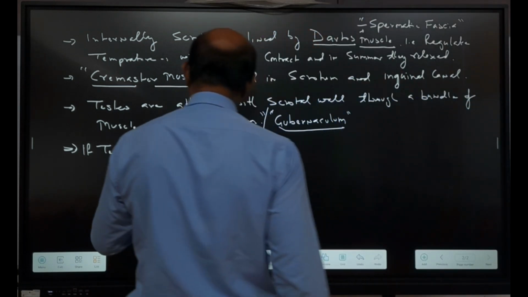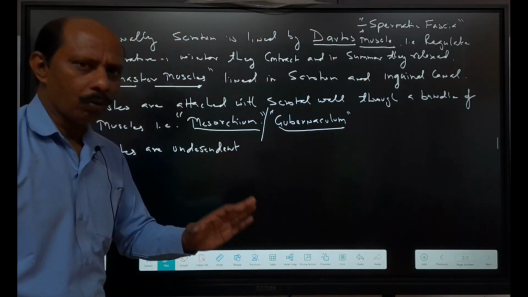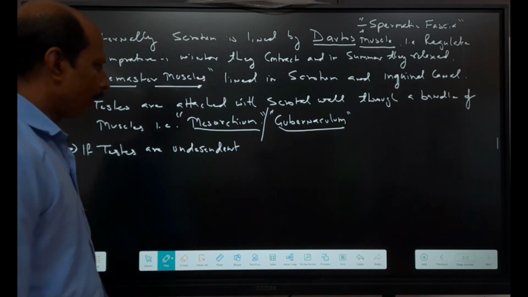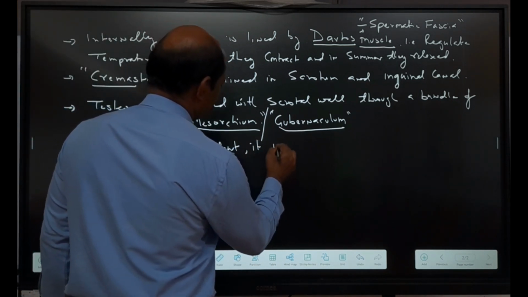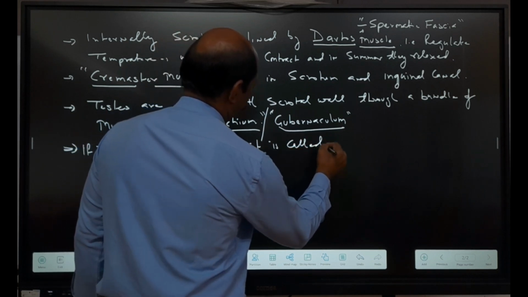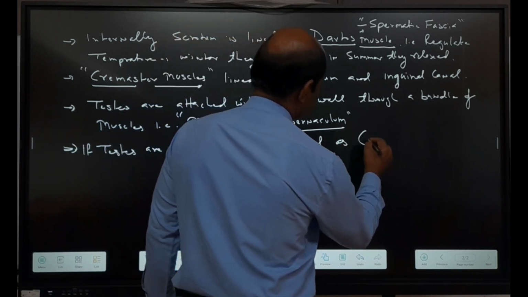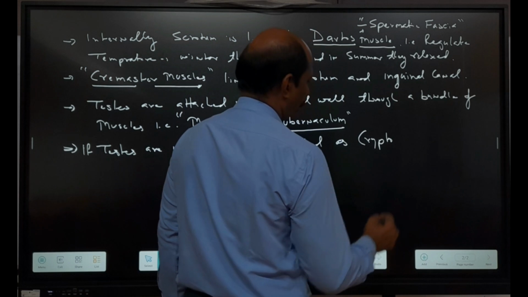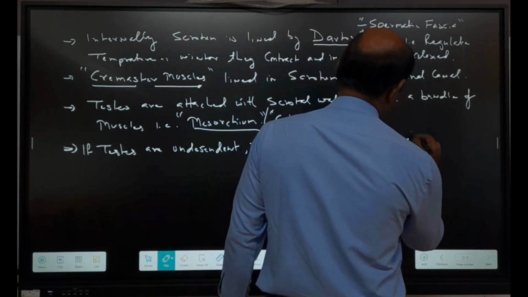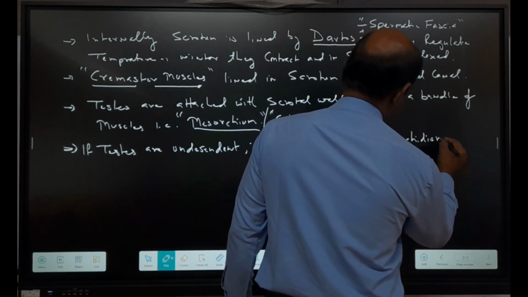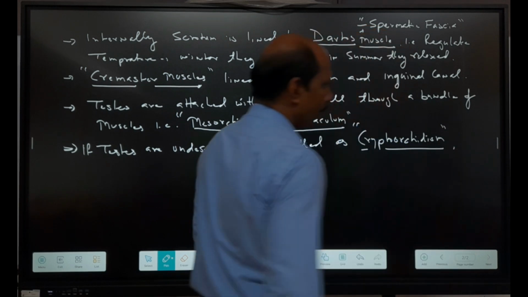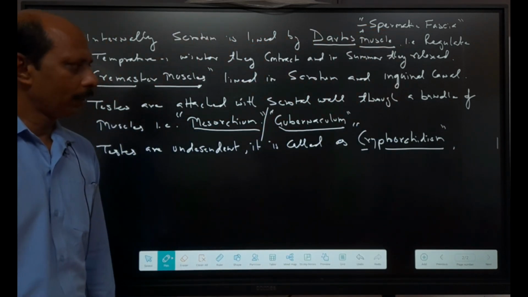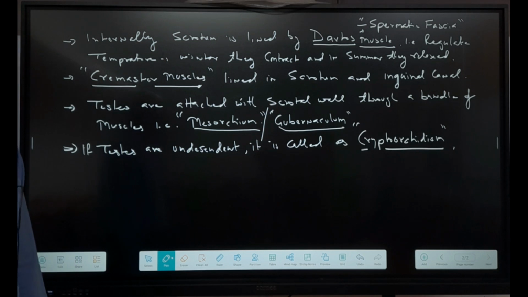So if testes are undescended, meaning they cannot come out of the abdominal cavity, then it is called cryptorchidism, or undescended testis, right?